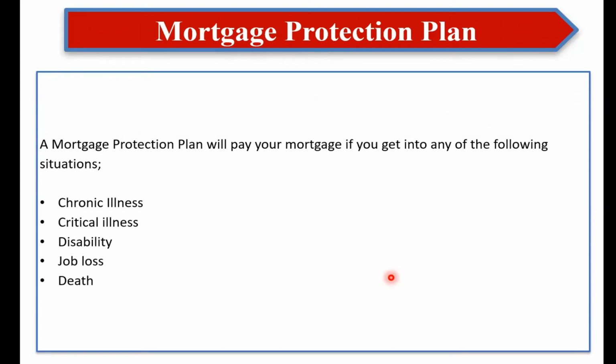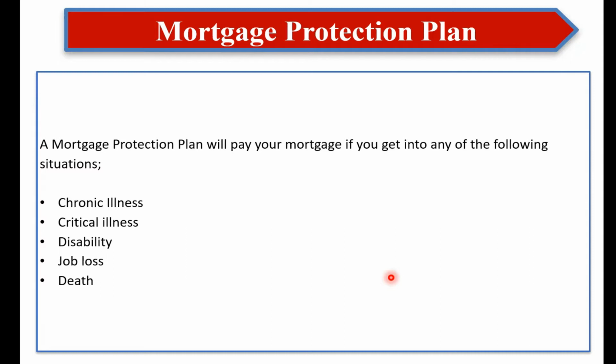And on this video, I'll be showing you how you can use the 7702 strategy in order to design a mortgage protection plan. Now, first thing I want to say is, what is a mortgage protection plan? A mortgage protection plan is a plan that will pay your mortgage, maybe your mortgage installments, if you get into any of the following situations.